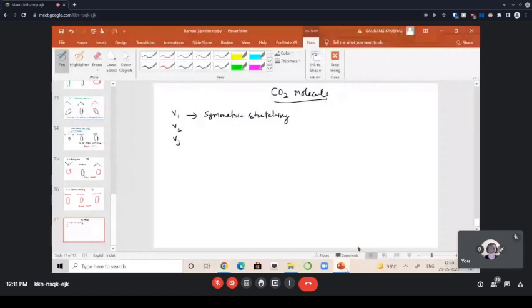Nu 2 is the bending mode of vibration. The third one, nu 3, is the asymmetric stretching.